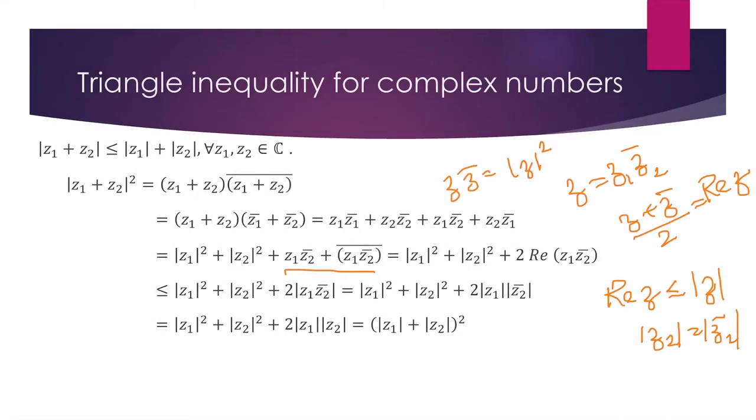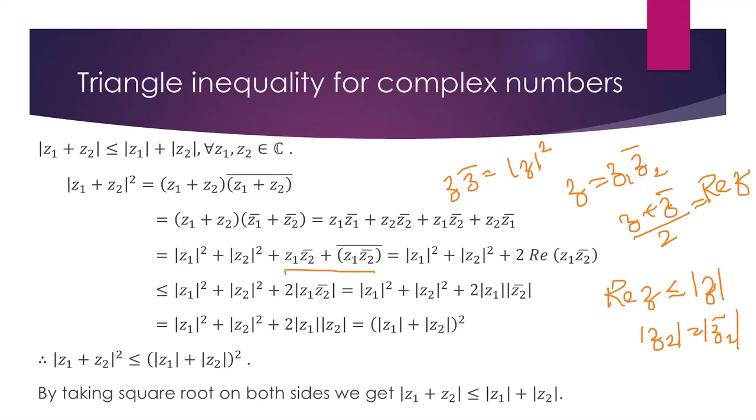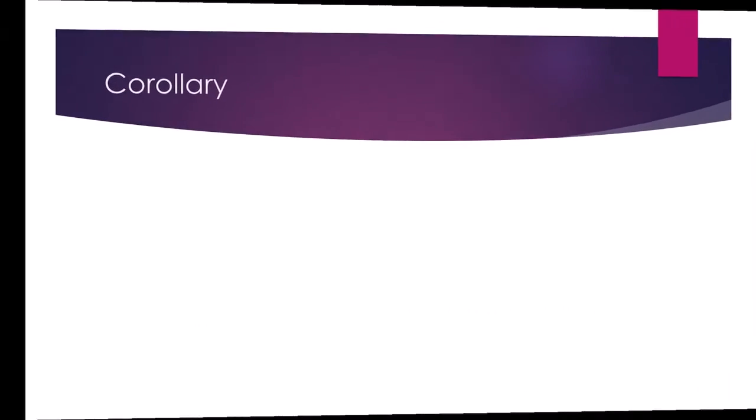So we have the absolute value of z1 plus z2 square is less than or equal to mod z1 plus mod z2 the whole square. Take the square root on both sides so that we will get the required triangle inequality.